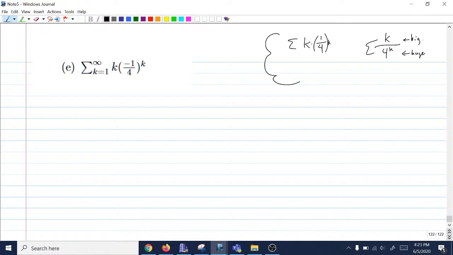How would I show that this converges? The ratio test? Yeah, the ratio test would work. The root test would work also. I guess let's do the root test. We'll show the series converges absolutely.